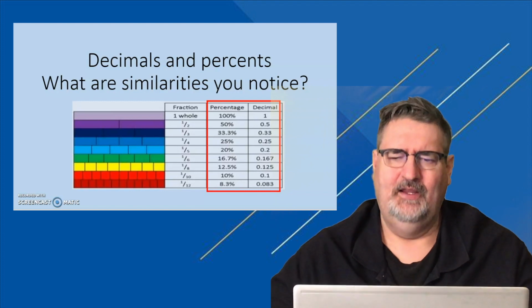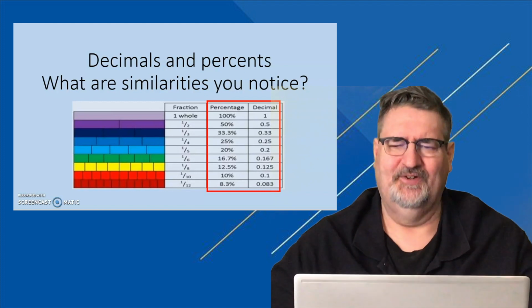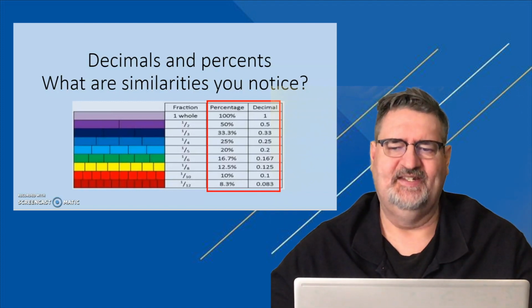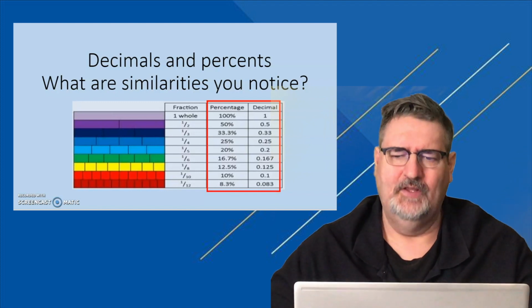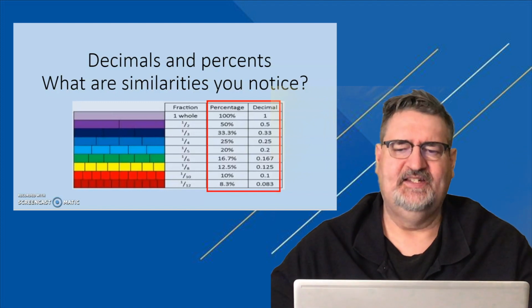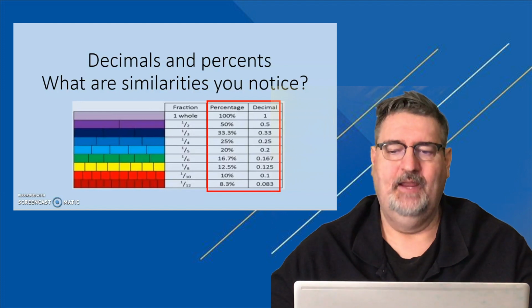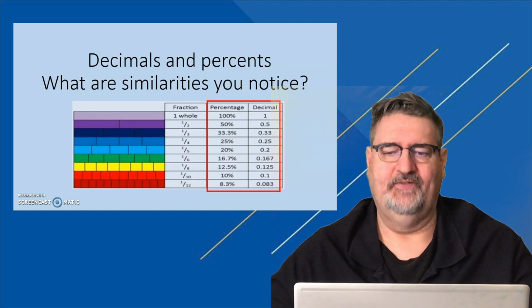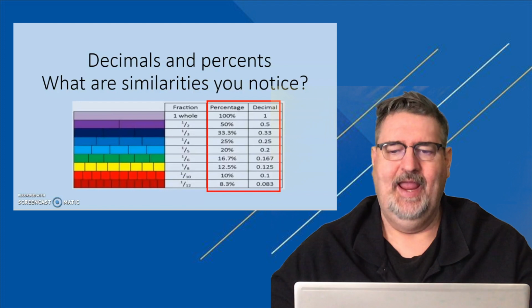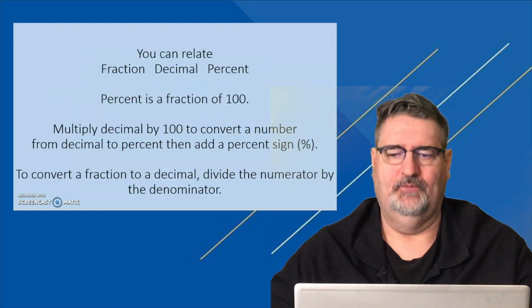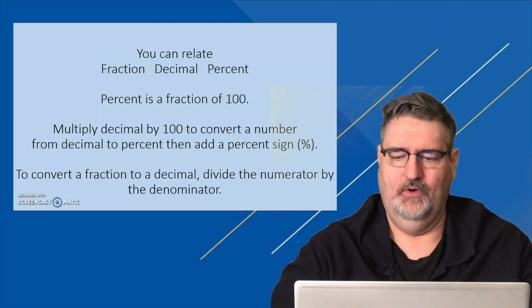But when it's 20%, that's the same as the 50% above. Oh, so when it's the 0 at the end, they can drop that off. Okay. When it's 16.7%, that became 0.167. So the numbers stayed the same, and they just moved it behind the decimal. Okay, I see how that works.